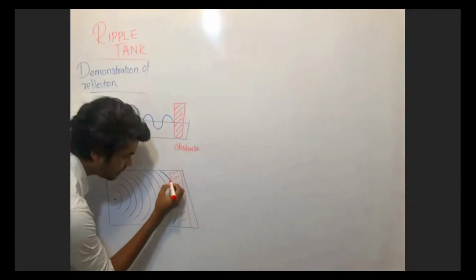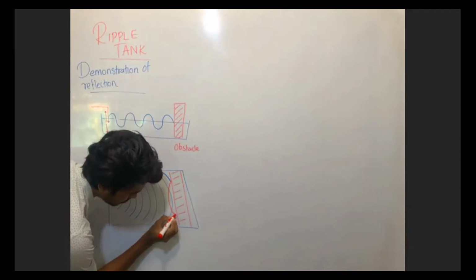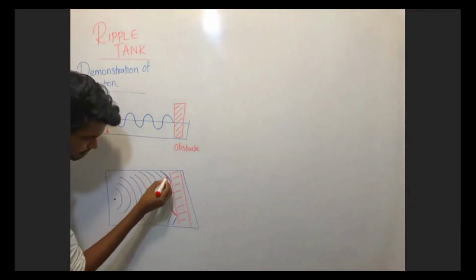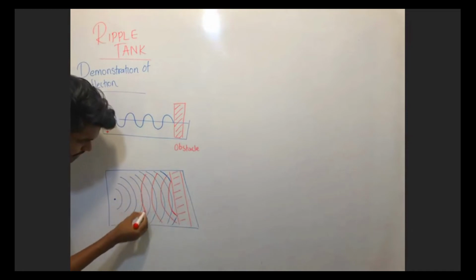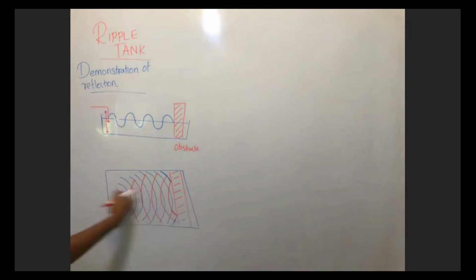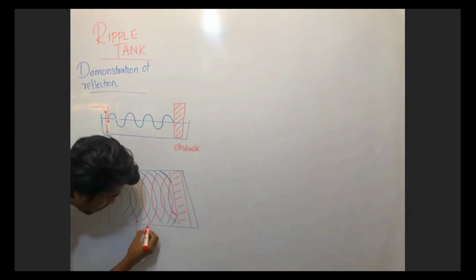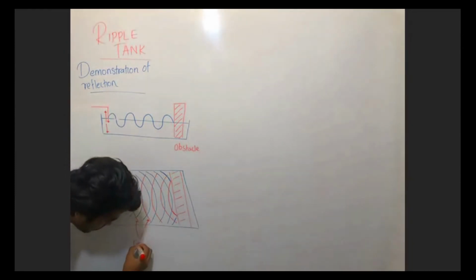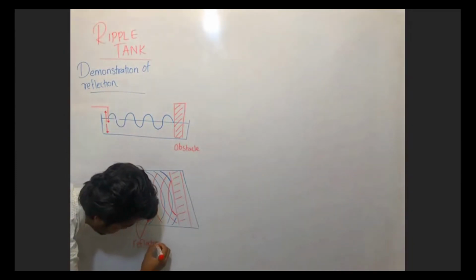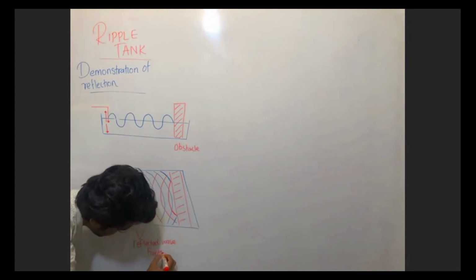That is, the reflected wave is going to look like this. The reflected wave will reach back in this direction. These red color waves are what? These red color waves are reflected wavefronts.